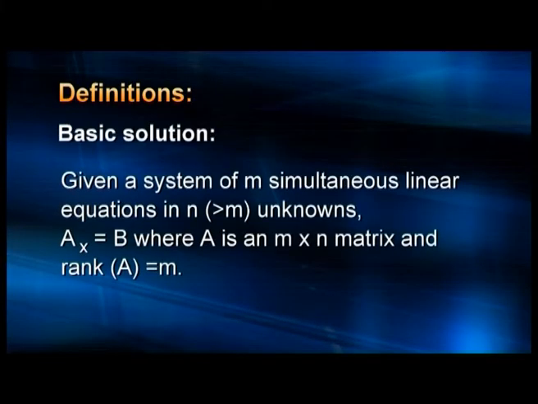Definitions. Basic solution. Given a system of m simultaneous linear equations in n unknowns, n greater than m, Ax equal to b, where A is an m by n matrix and rank A is equal to m.